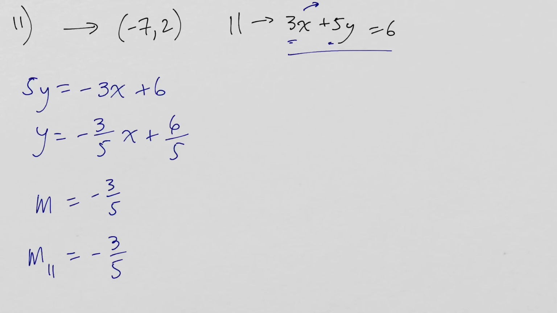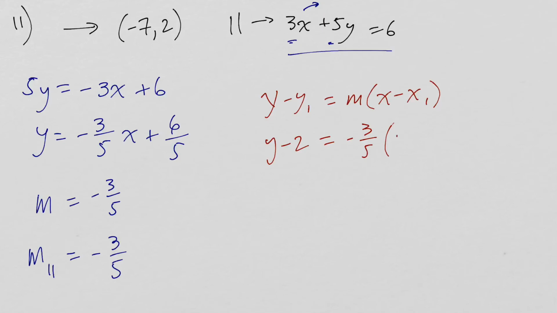Okay, now let's put this into point-slope form. So we have y minus y1 is equal to m times x minus x1. So y minus 2 is equal to negative 3/5 times x minus negative 7. That's a plus 7.